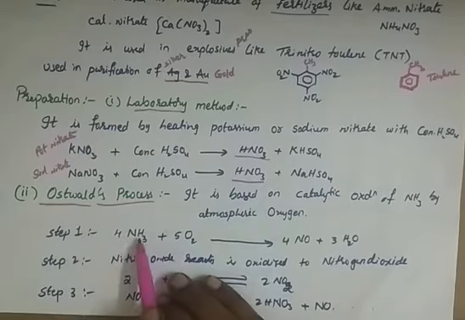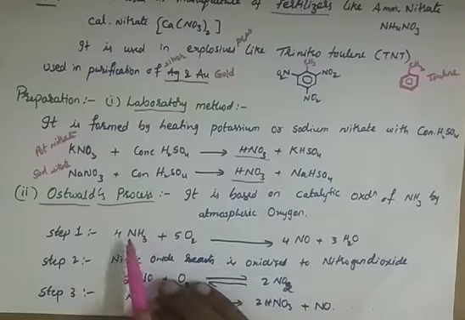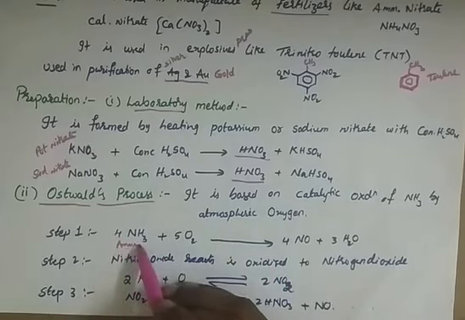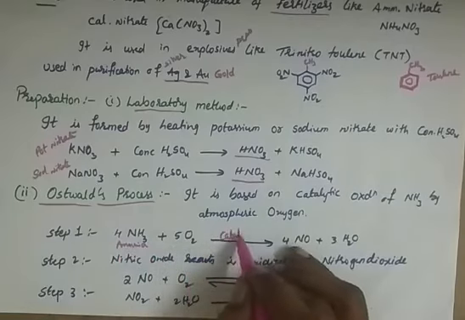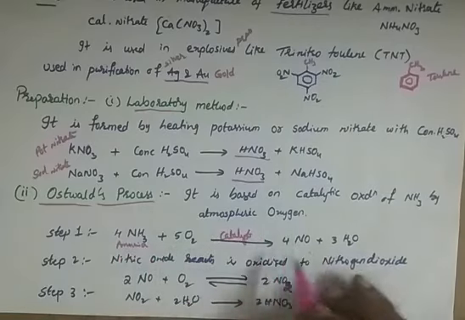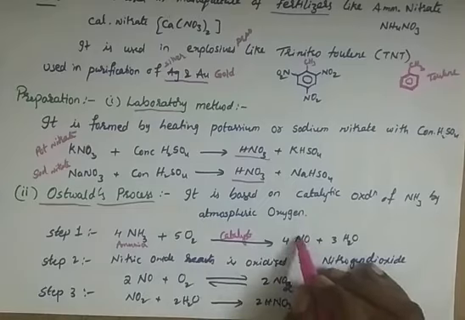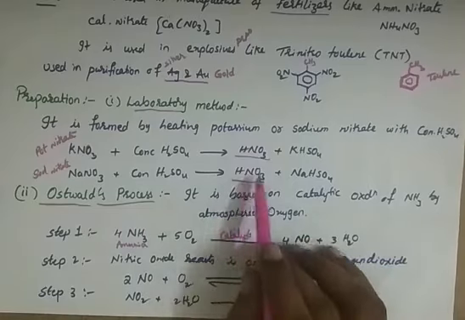This one we prepared in the previous topic, right? This ammonia is used in the preparation of nitric acid, as we have studied. So this ammonia on reaction with oxygen in the presence of a catalyst produces NO. The first step is the preparation of NO, but actually we want HNO3.